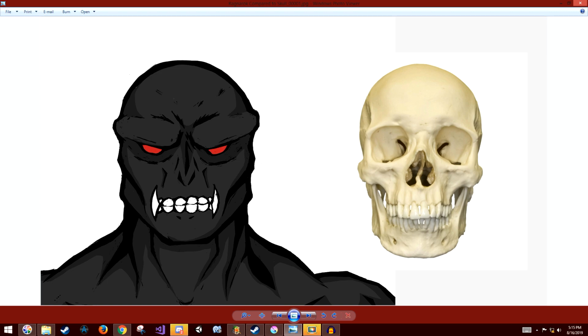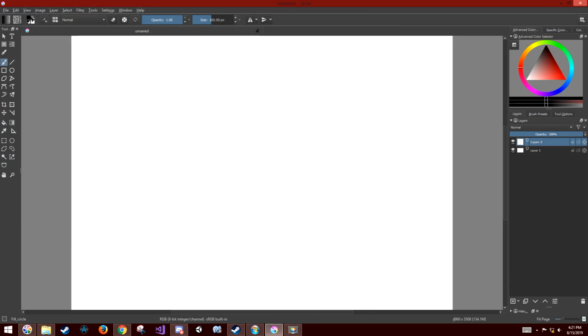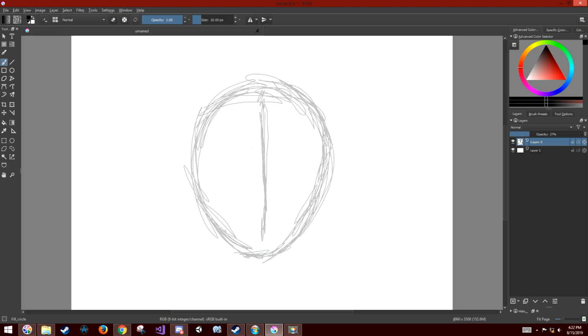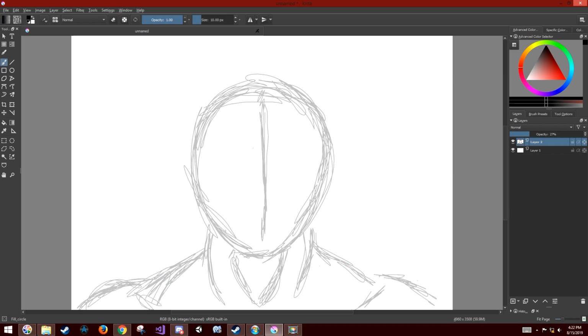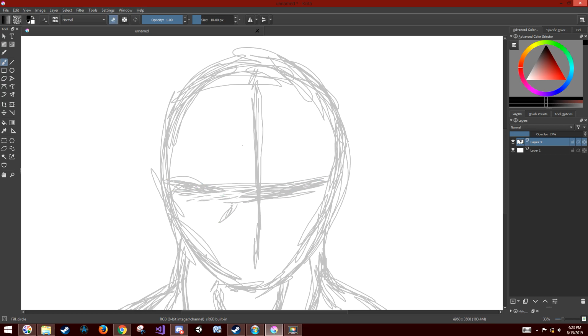Now, with all that said, I'm going to play on screen an example of me taking these principles that I talked about, where I go through the process of defining groups in the face. You'll notice me defining where I'm going to have the jawbone.